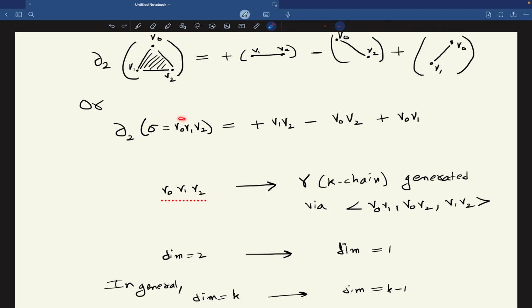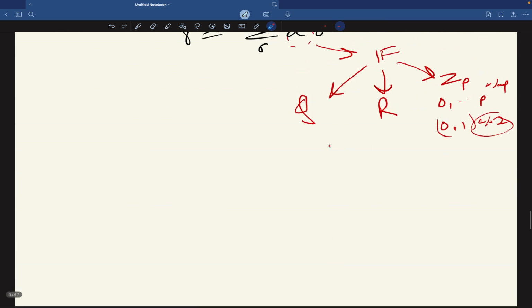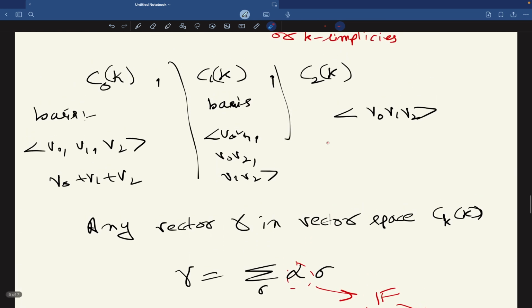One thing you notice is that when I applied the boundary operator on this 2-simplex, whatever we got as a result is a linear combination made up of v1 v2, v0 v2, v0 v1, which are nothing but the basis of our C1.